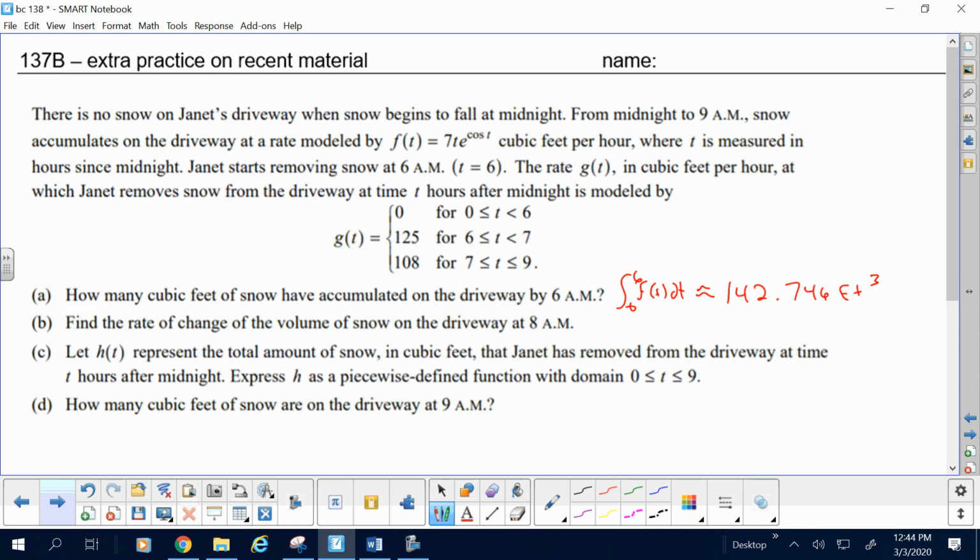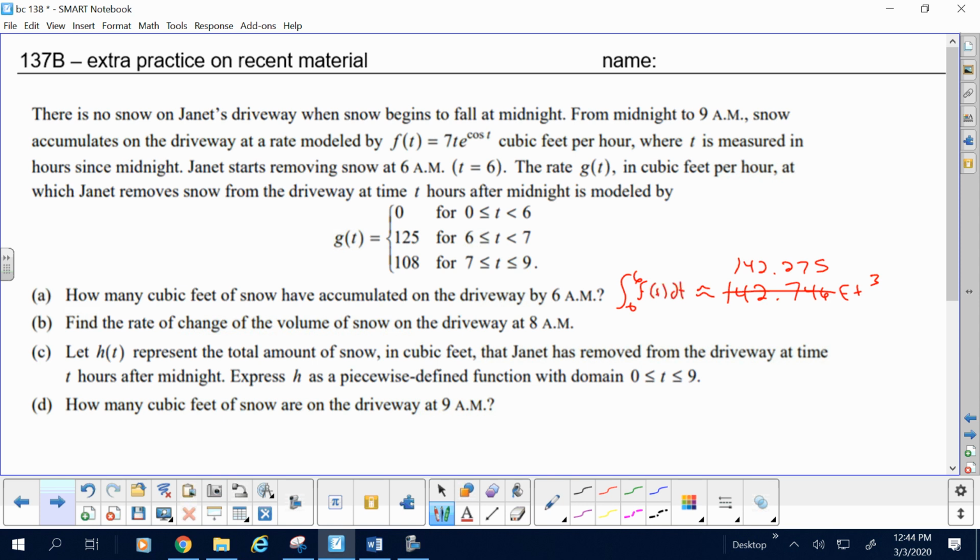I got 142.275. I wonder what happened. I had it in my calculator wrong, but it's pretty close.